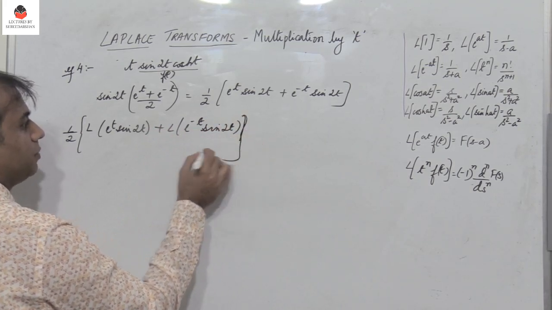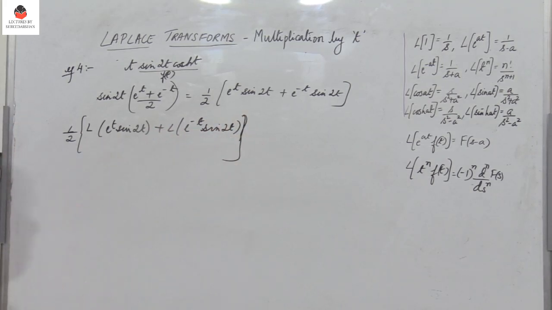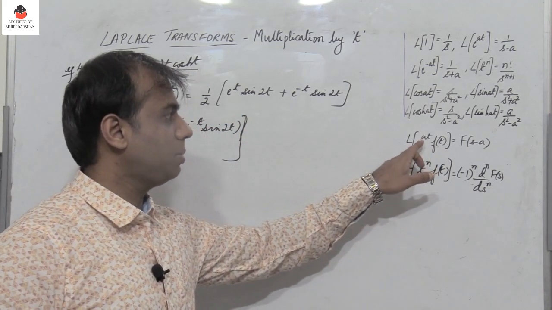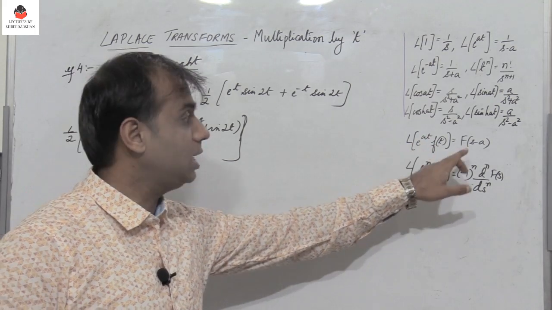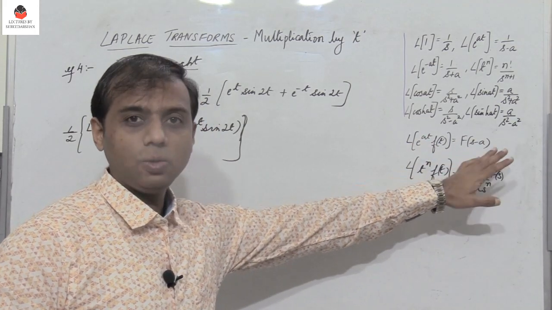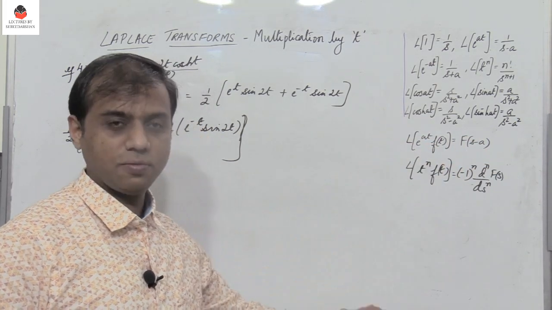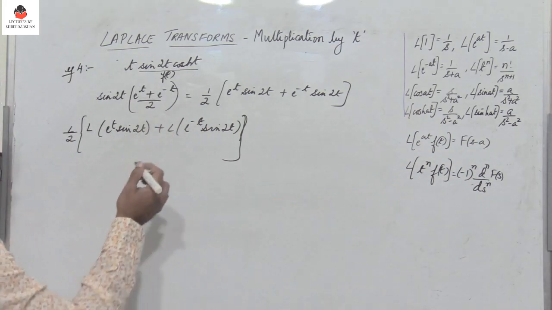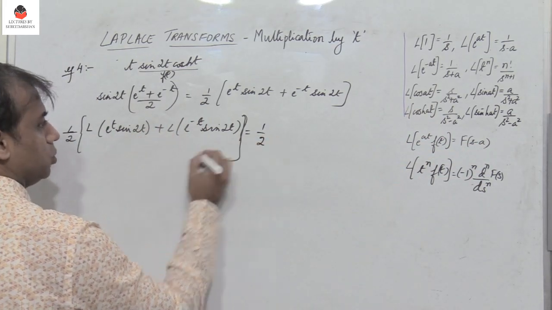So when a given function is multiplied with e power at, that is, if f of t is multiplied with e power at, then what do we do? Find f of s and then substitute s equal to s minus a if a is positive. If a is negative here, it would be s plus a. So basically what we have to do is 1 by 2.